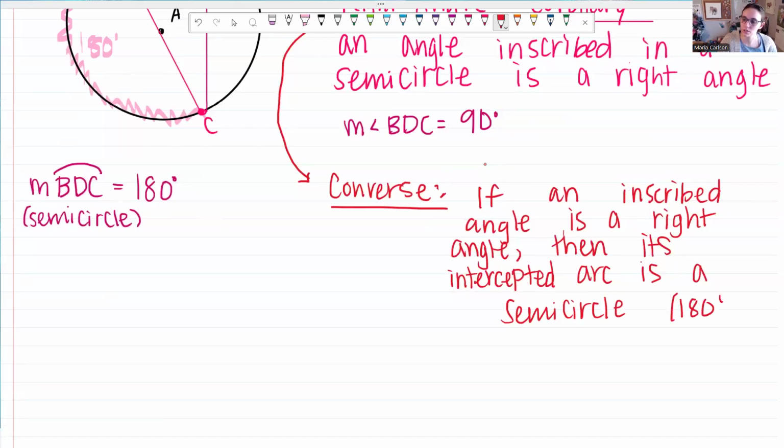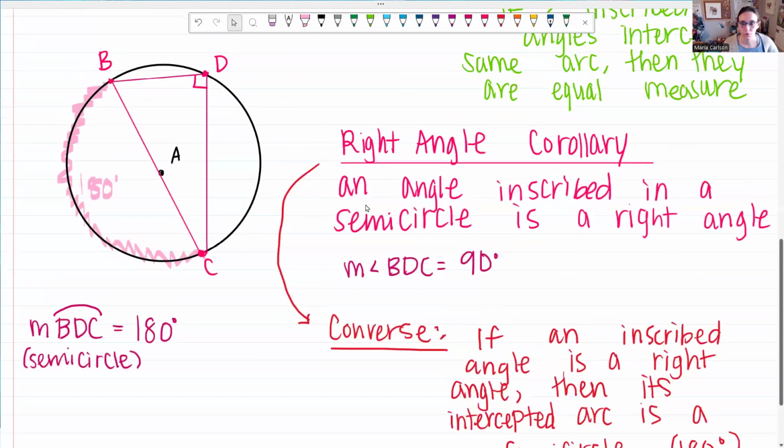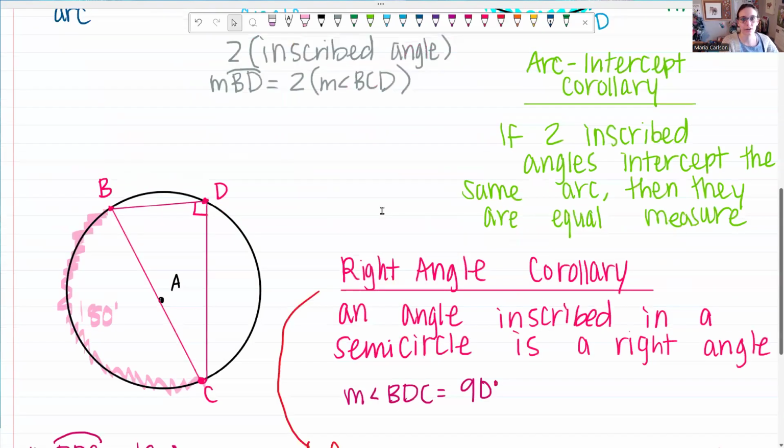And I want to note, we could talk about the arc intercept corollary again here. I could draw lots of different right angles within a semicircle. So let's see, I'm going to draw another one. Here, this will be point E. So BEC is a right angle as well.